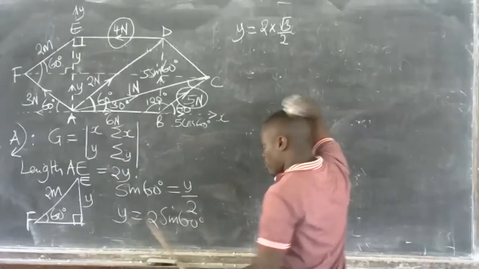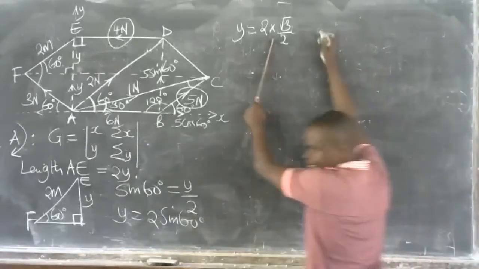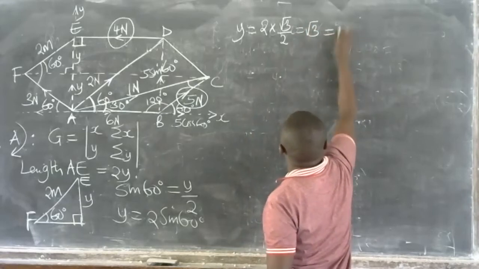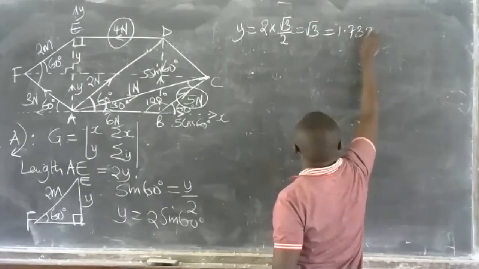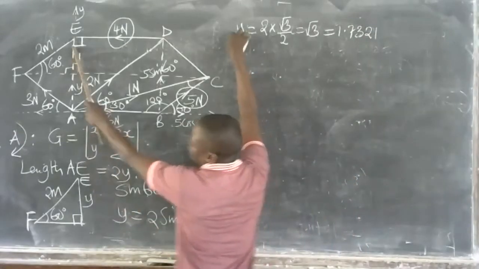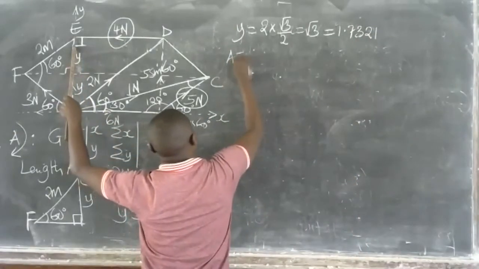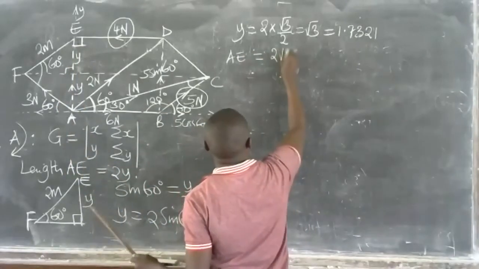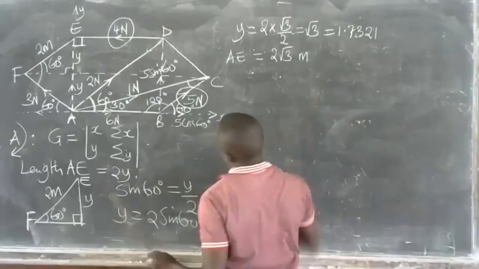Or you can give it as a decimal: root 3 is 1.7321. That is y. But we know AE is 2y. So 2 times y, we get 2 root 3 meters.